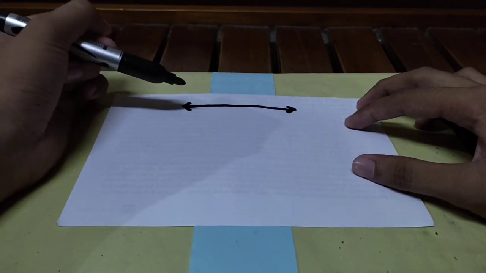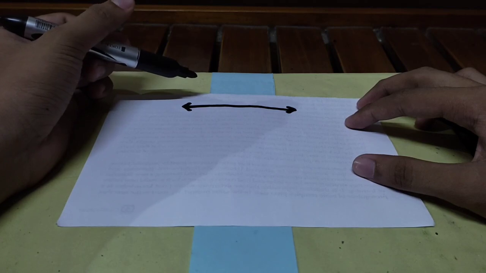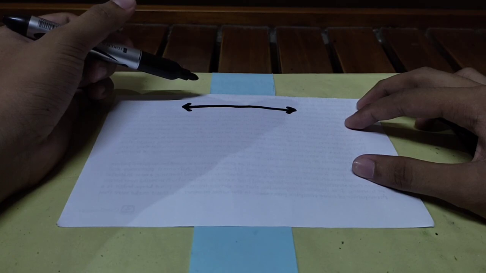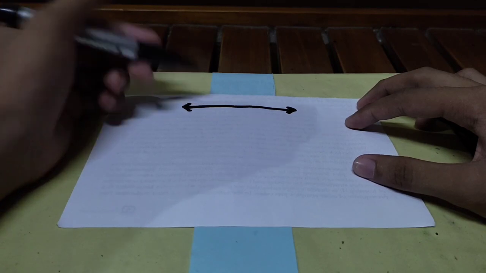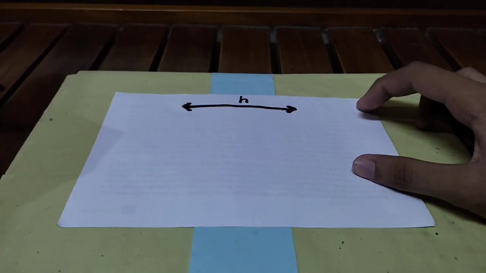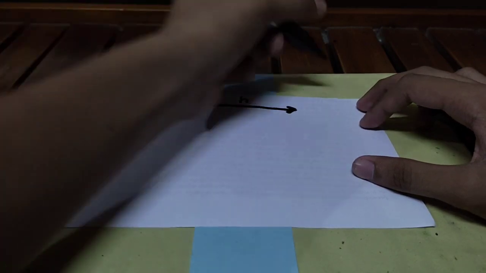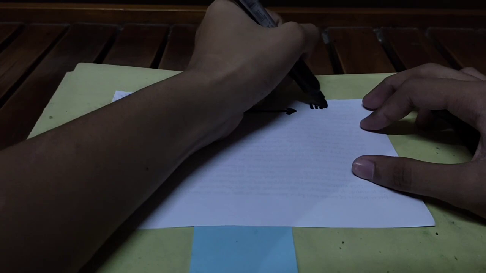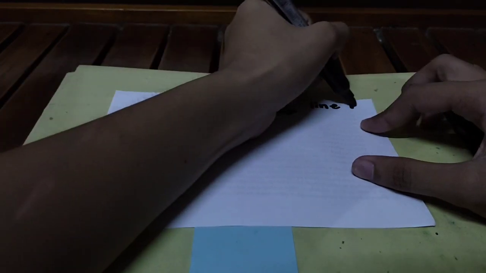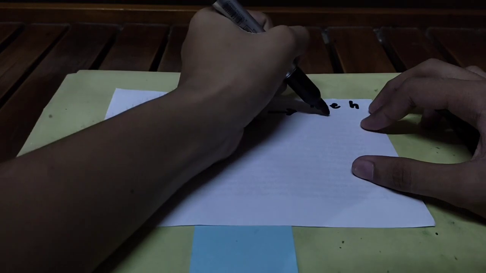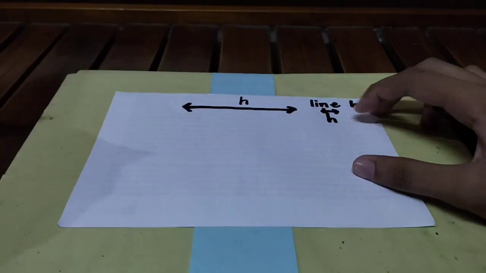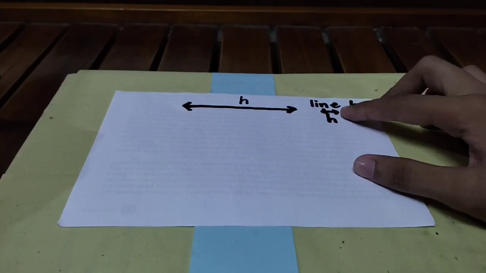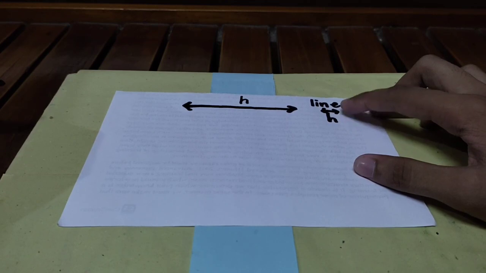And now we can name a line by simply having a small letter. For example, we name this line as line H. This is line H. And we can write it as line H, or with this symbol, H that has a line and arrowheads above.